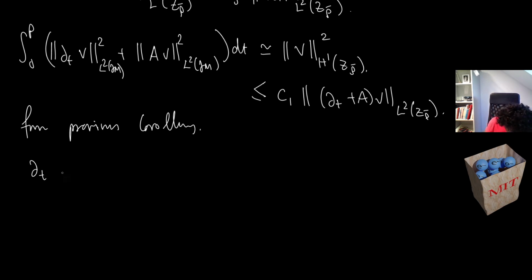Okay, so what do we have here? What's dt plus A of v?